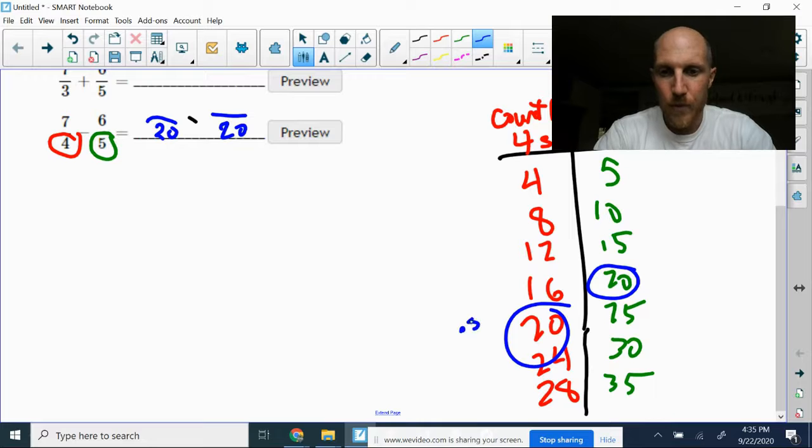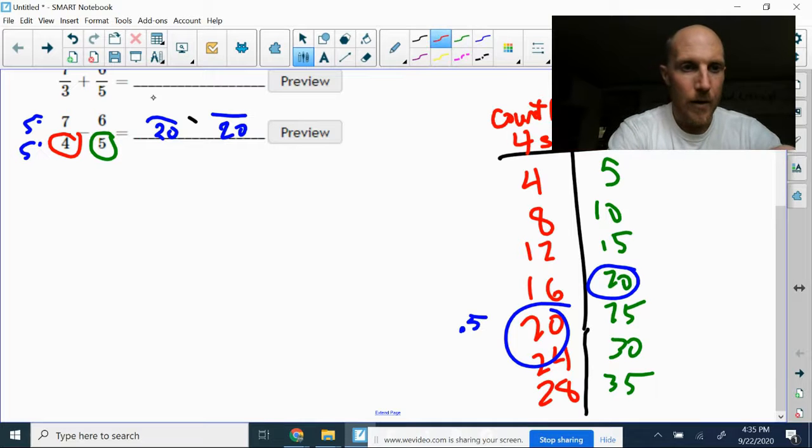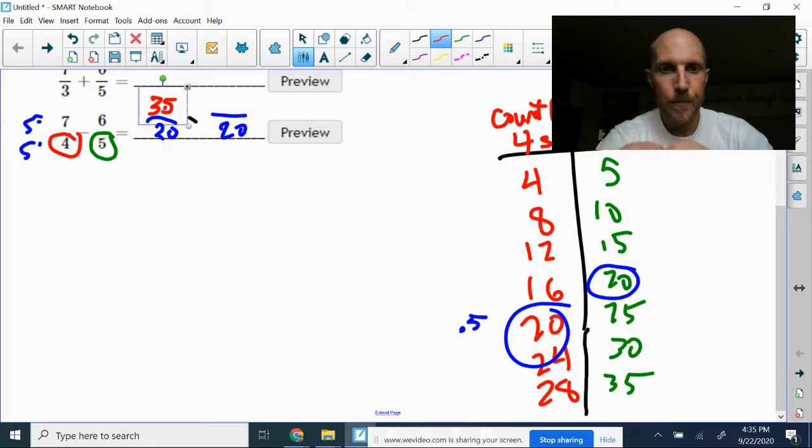So this was times 5. To make 7/4 have a denominator of 20, I need to multiply both the top and the bottom of that fraction times 5. I already multiplied the bottom times 5. That's how I got this 20. So now I'm going to multiply the top number, 7, times 5, and that is 35. I'll fit that right in there.